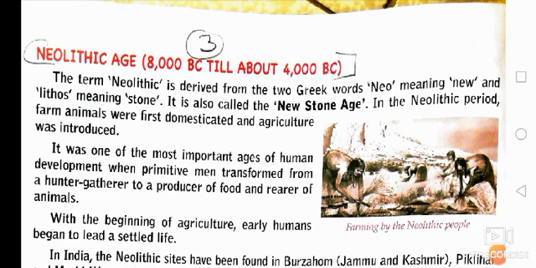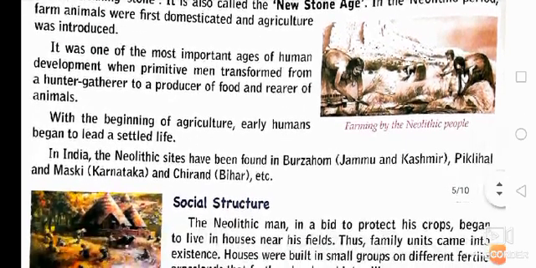In the Neolithic period, farm animals were first domesticated and agriculture was introduced. It was one of the most important ages of human development when primitive men transformed from hunter gatherers to producers of food and rearers of animals.